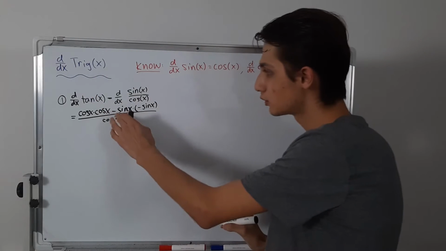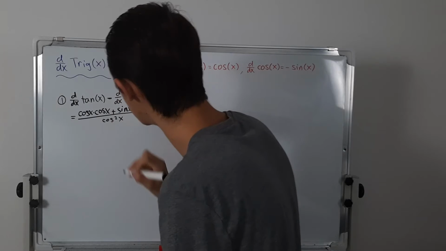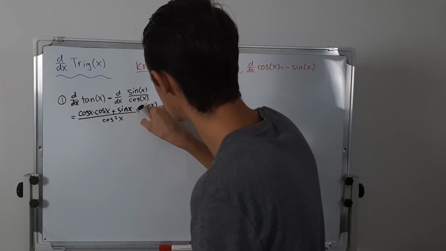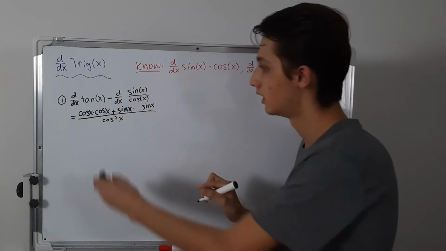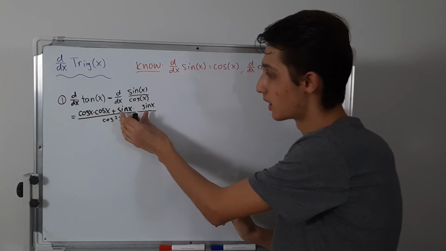Right? So negative times negative gives us a positive. So cosine squared, that's what cosine times cosine is, plus sine squared.